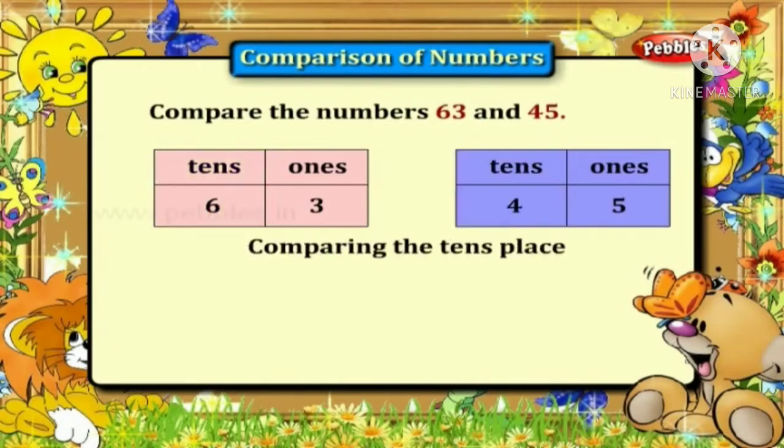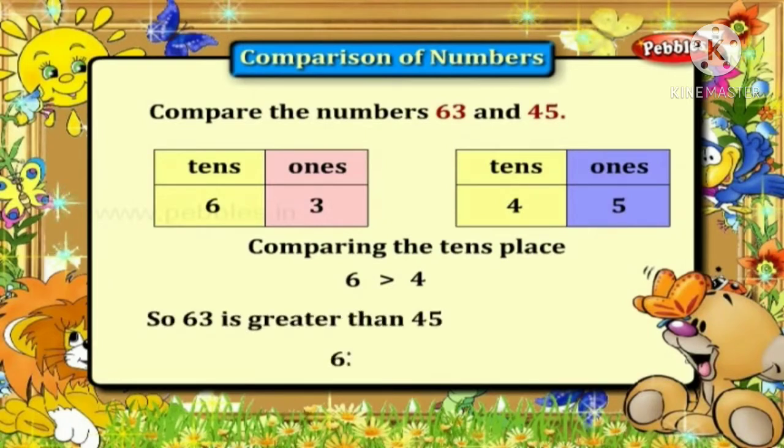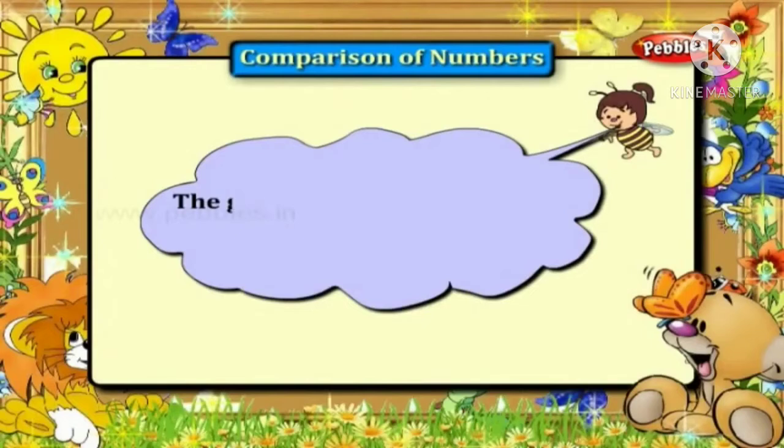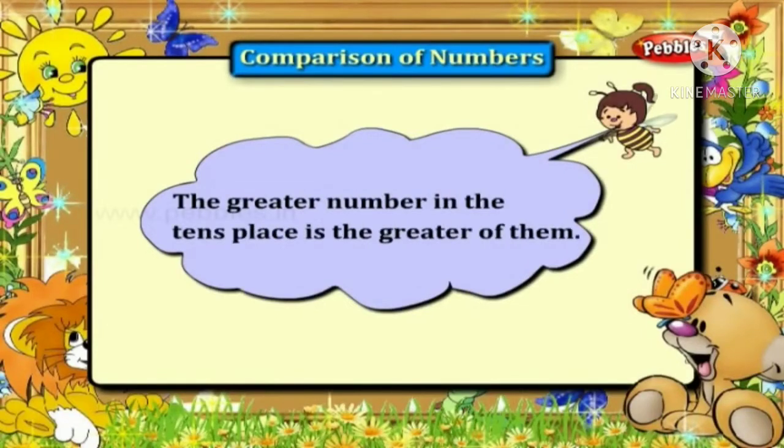When you compare these two numbers, 6 is greater than 4. So, 63 is greater than 45. The greater number in the tens place is the greater of them.